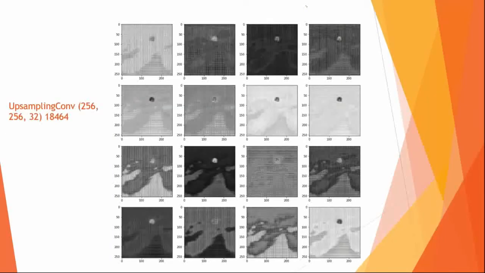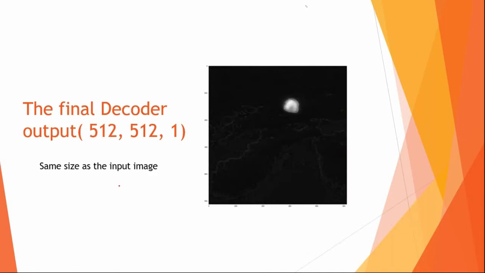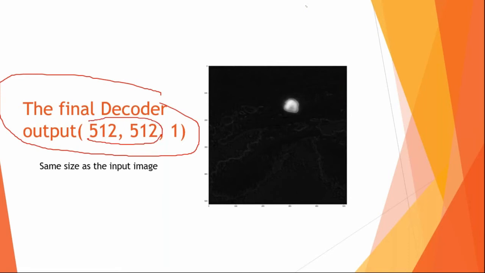Now you go to the last stage, the final output of the decoder. You're able to reconstruct it back to the same resolution, with the shape of this particular lesion visible, and the location information is also preserved.